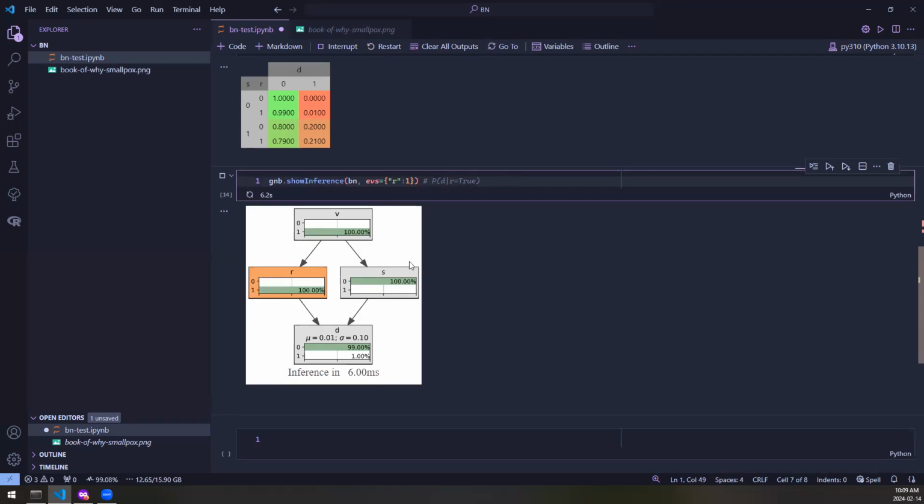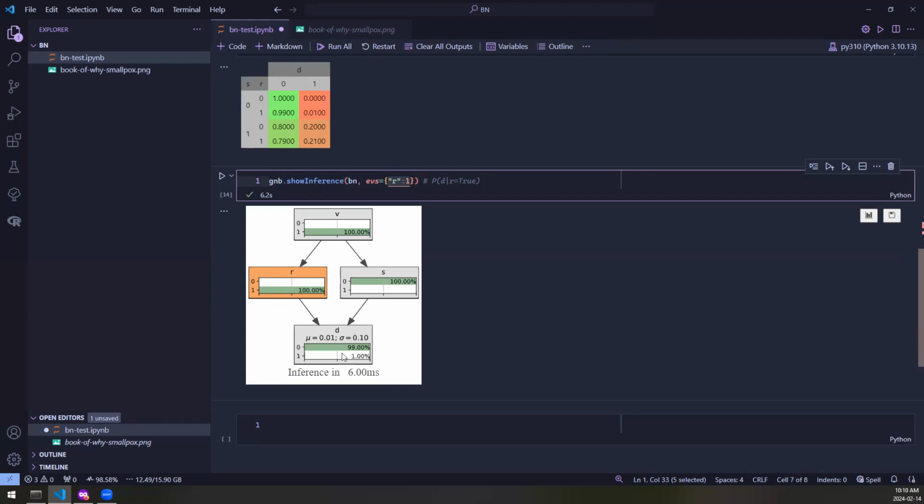Okay. So when we set an evidence, we see that those nodes where the evidence was set are in orange. It changed the color just to indicate what was set before. And it also shows 100% for the state we set to true.